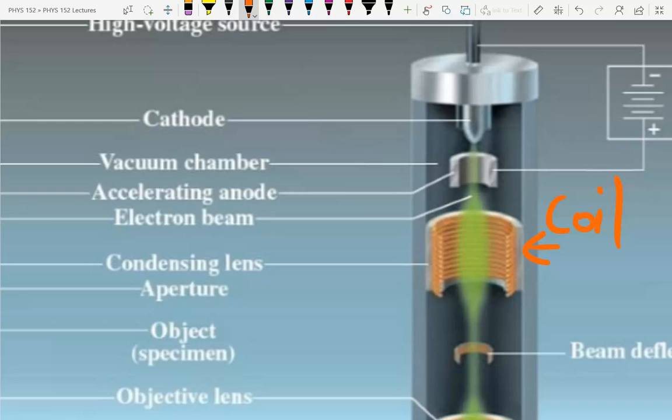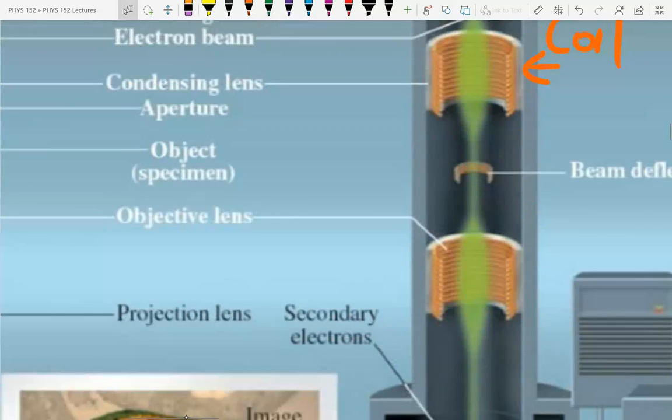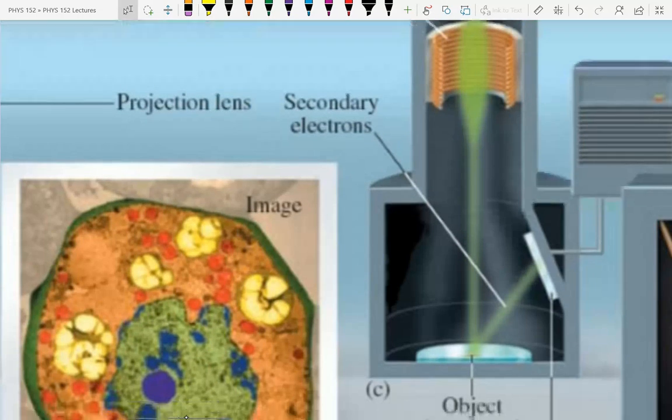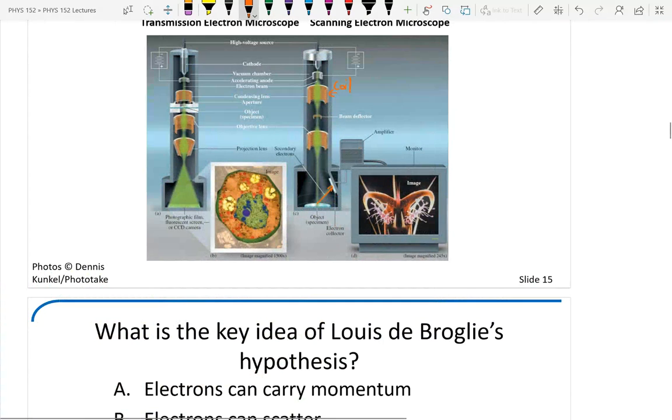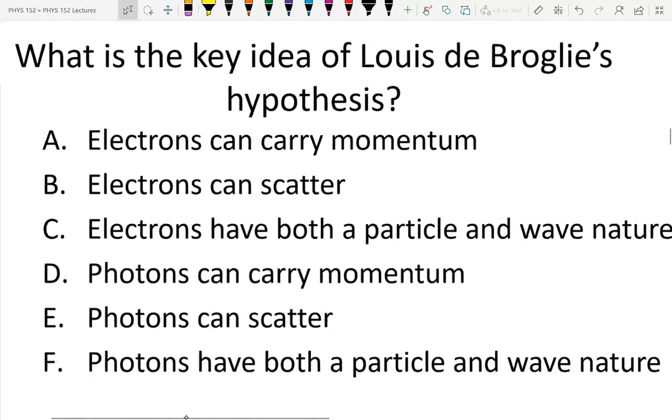And so you're creating a force there that's going to focus your beam. So you're making lenses out of magnetic fields. So that's how you're doing your beam focusing, with magnetic fields. And here you're looking at the light that comes off. So a lot of physics that we've learned this semester goes into using those electron microscopes.